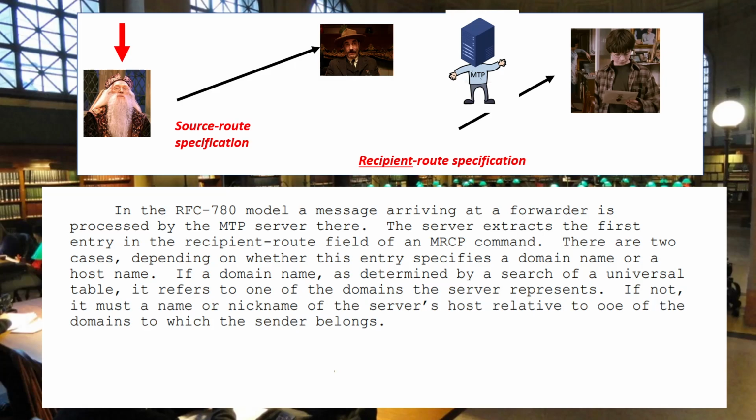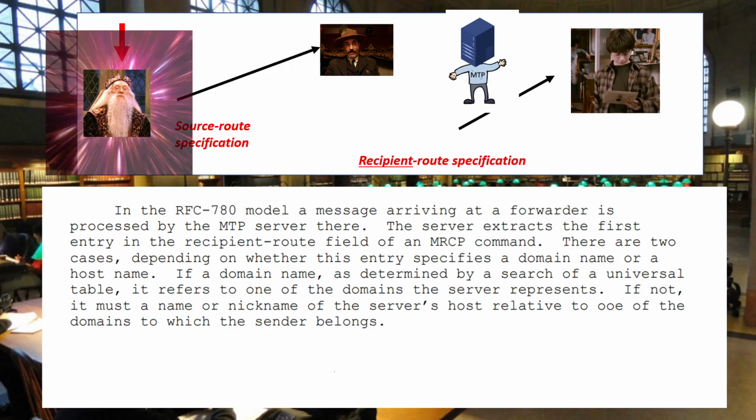The first entry of that field might actually specify a host name. All right, so if it specifies a host name, then that MTP server has got to find a name or a nickname of that server's host related to a particular domain, because remember, hosts sit in domains, so it's got to do a little bit more work if it's a host name that's given in that entry.